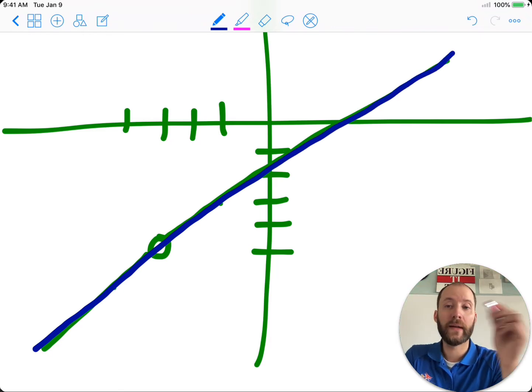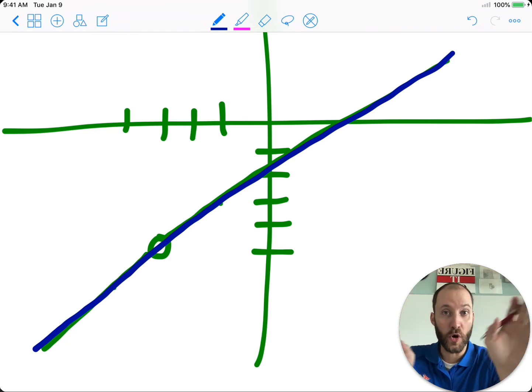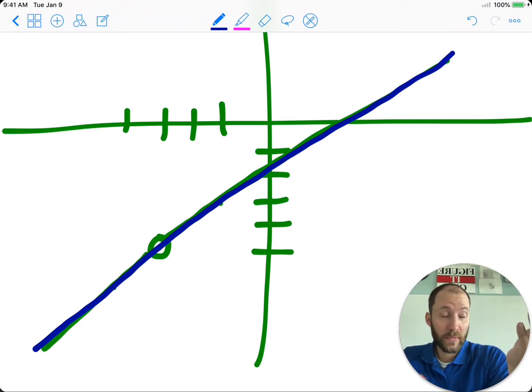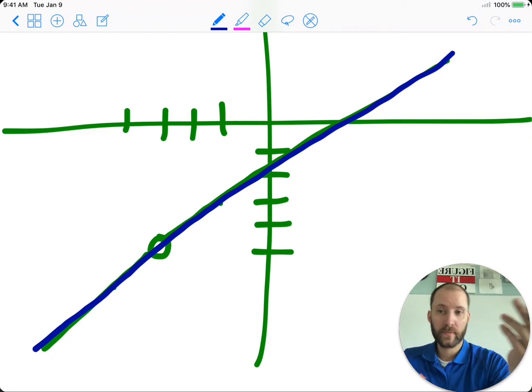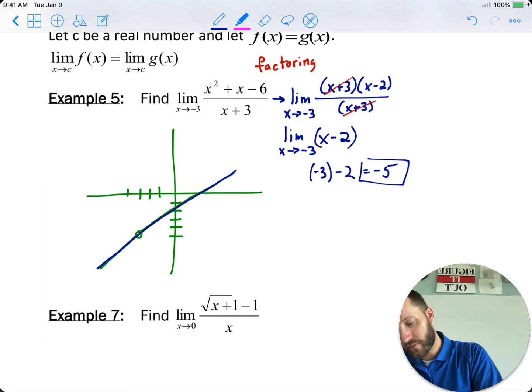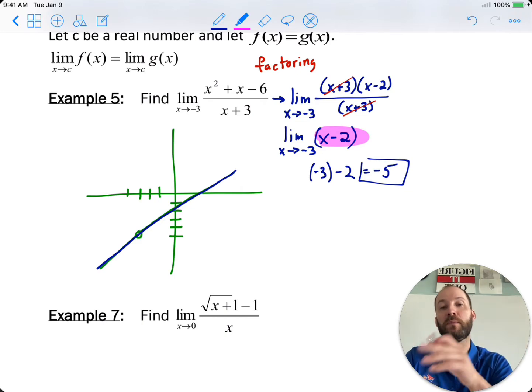Alright? So does the function exist at -3? Unequivocally, no. But if it did, hypothetically, what could it be? Hypothetically, it could be negative 5. Because we have this linear function, x minus 2, that informs us what it could be.